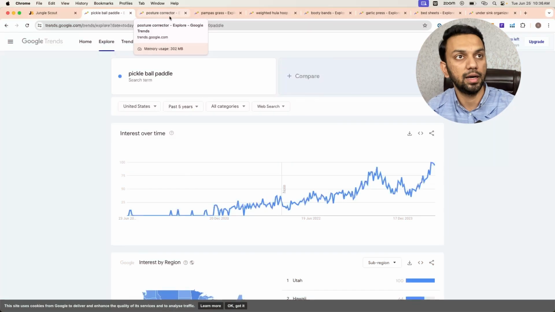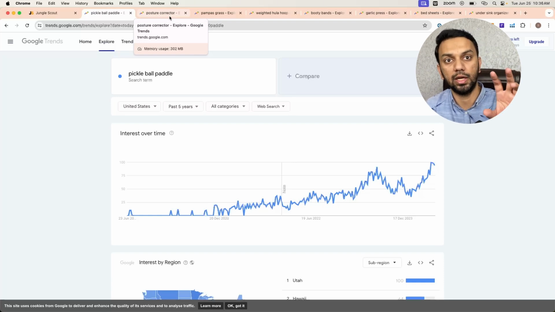So this should make some logical sense why people are using it, and you can have some logical answers why you should bet on it. Why do you think it's going to sustain in the market? These kinds of things are some potential research points which you need to do before investing in any product in the growth stage.